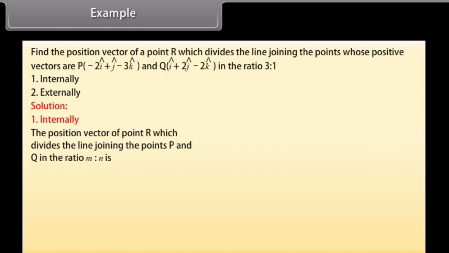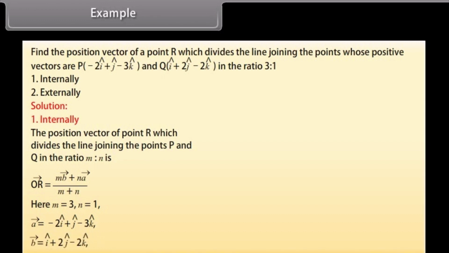The position vector of point R, which divides the line joining the points P and Q in the ratio m:n, is vector OR equals m vector B plus n vector A by m plus n. Here, m is equal to 3, n equals 1. Vector A equals minus 2 cap I plus cap J minus 3 cap K. Vector B equals cap I plus 2 cap J minus 2 cap K.